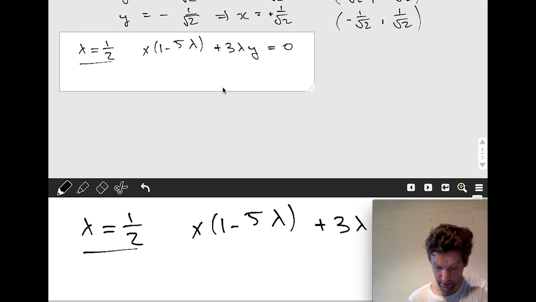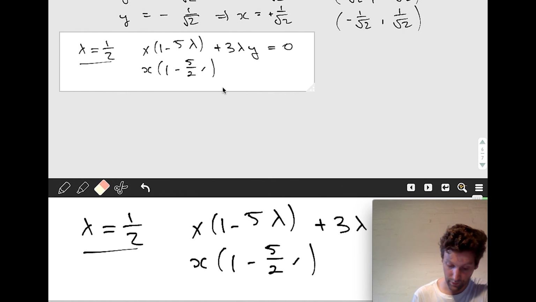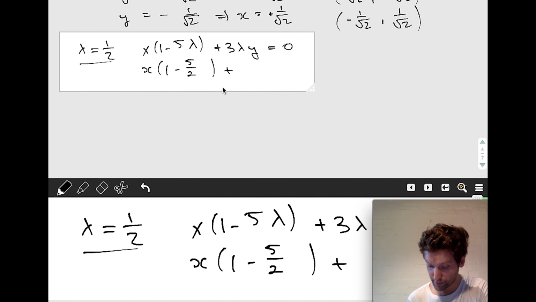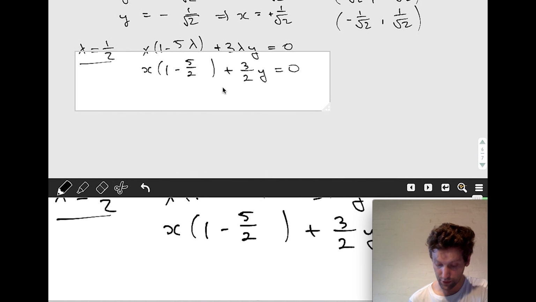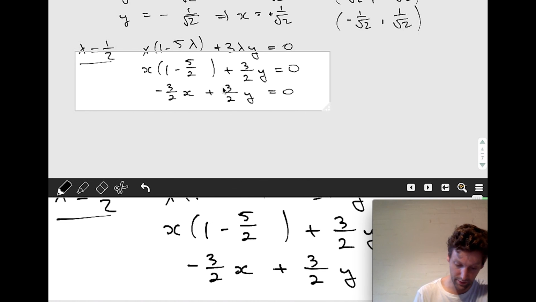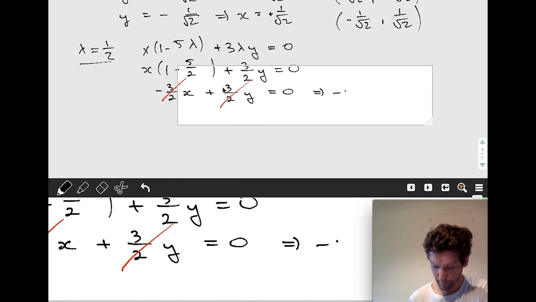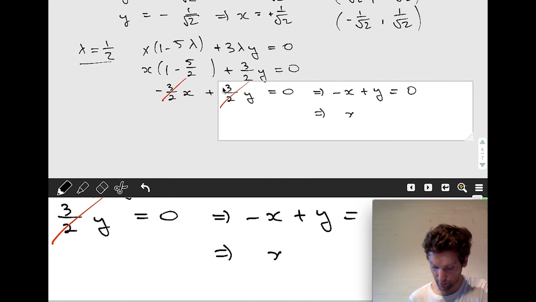So substituting in lambda is equal to a half, we get 1 minus 5 over 2, plus 3 over 2 y is equal to 0. 1 minus 5 over 2 is minus 3 over 2. I can cancel those factors of 3 over 2 to give me minus x plus y is equal to 0, which means that x is equal to y.